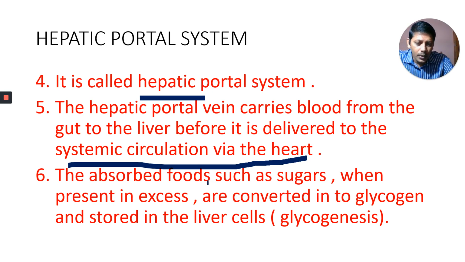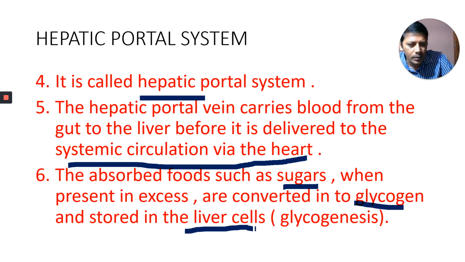Then the absorbed food substances such as sugars, when present in excess, are converted to glycogen, which is called animal starch, and stored in the liver cells by a process called glycogenesis. What do you mean by glycogenesis?